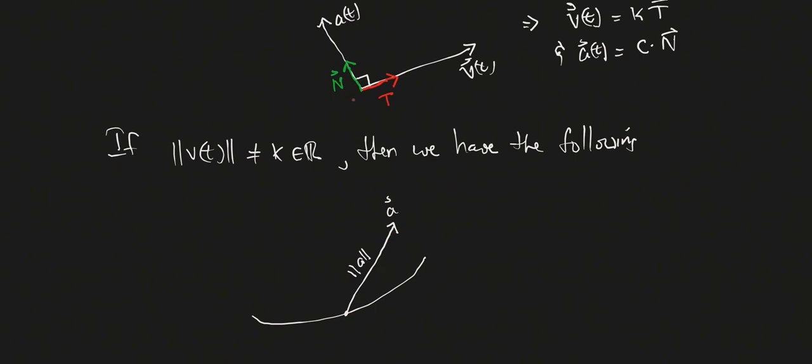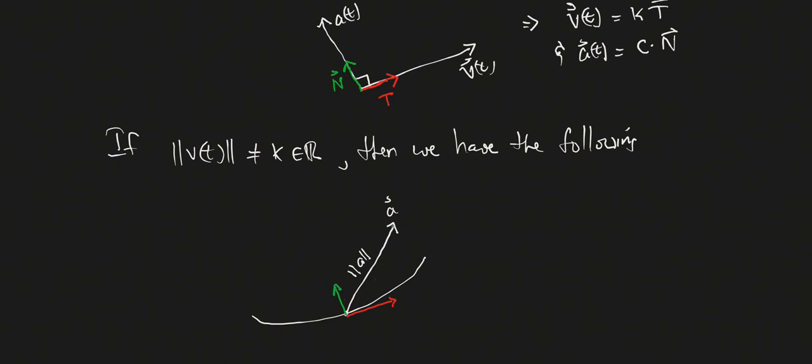Since A in this case is not a multiple of T, and it's not a multiple of N, it's somewhere in between, we should be able to express it as the sum of two vectors, one that is parallel to T and one that is parallel to N. In other words, take that one vector, and let me draw my T. So here's the unit tangent vector, and here's the principal unit normal vector. So I've got to make it 90 degrees. So probably about here. Right?